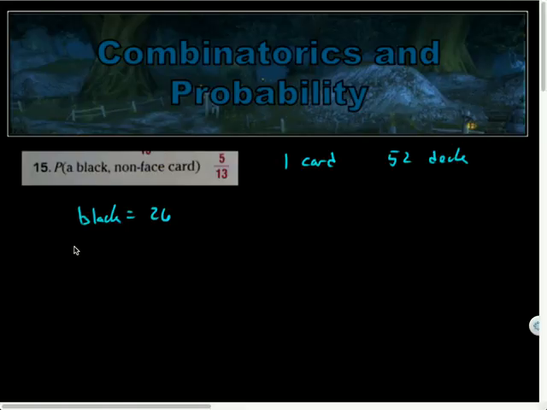And then, let's see, how many face cards are there? Face cards would be Jack, Queen, King. 12 total. I guess we could say 3 per suit, 6 per color.